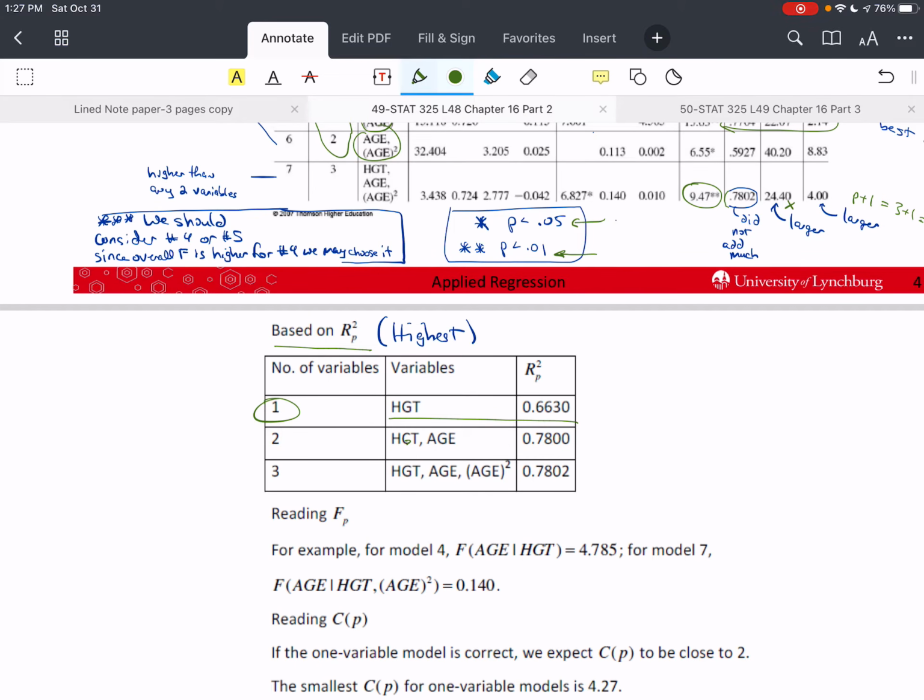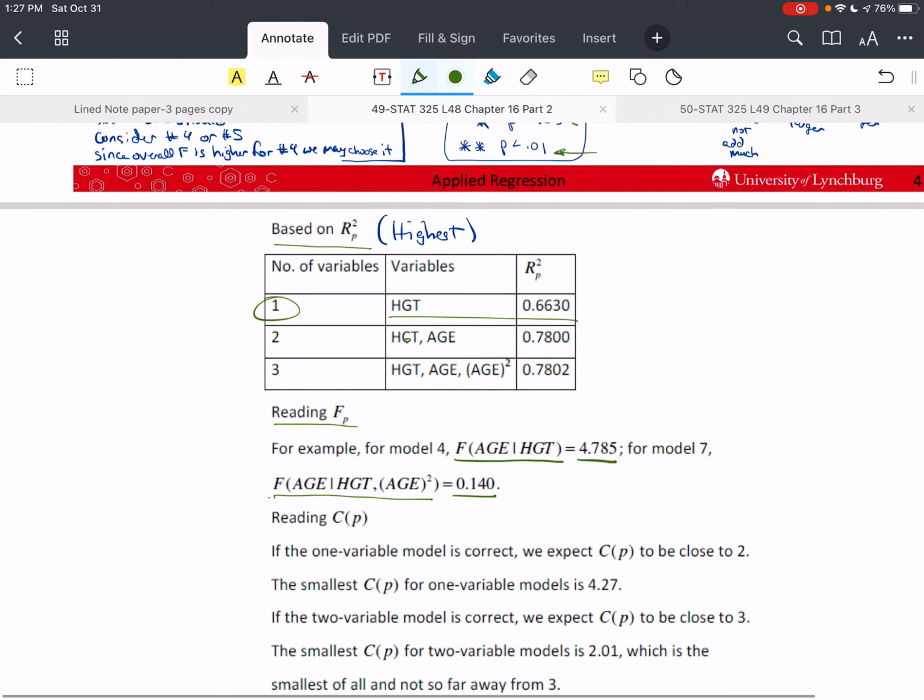Okay, so now about reading the F of P. Model 4, F of age given height is 4.785. For model 7, F of age given height and age squared is 0.14. Okay, so it is smaller, and we really want a larger F statistic.